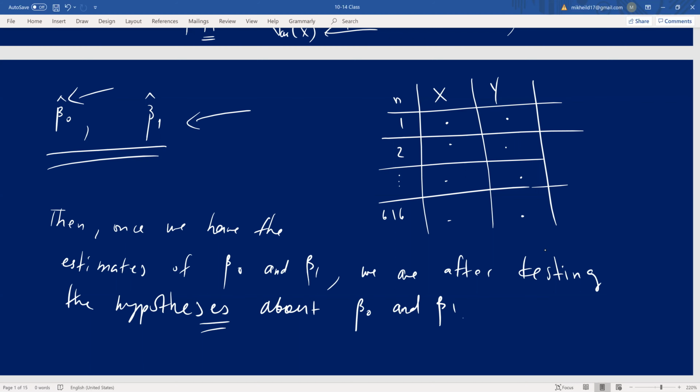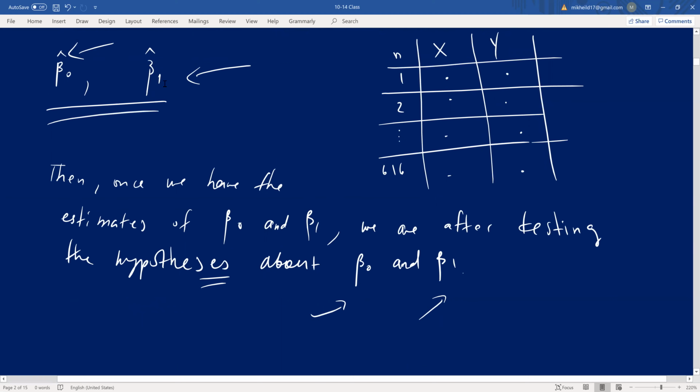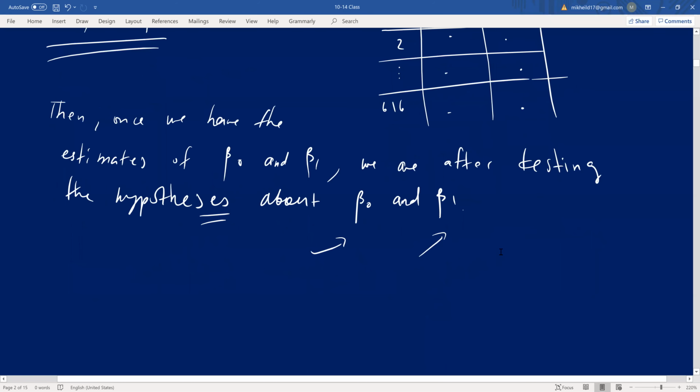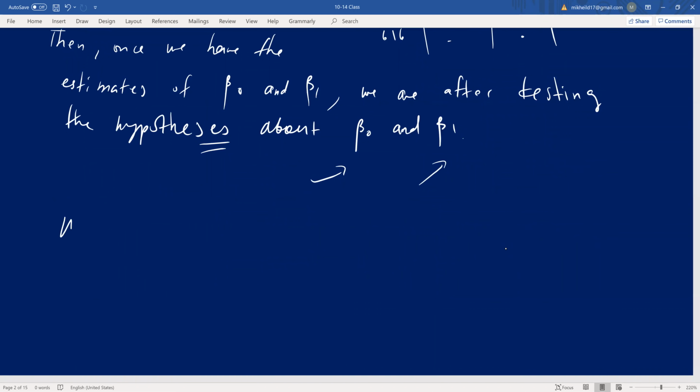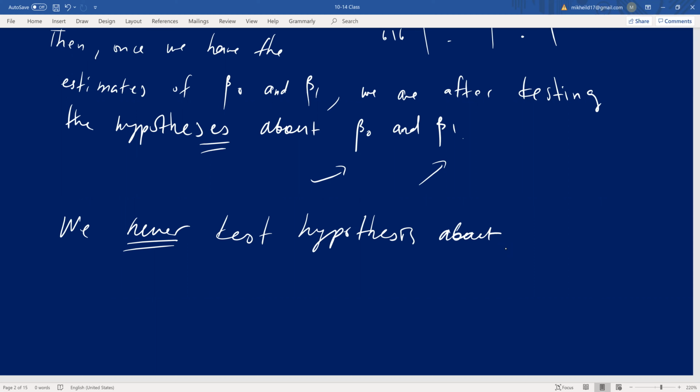Okay, so you have those, right? But the thing is, you don't know the true ones. You still want to know whether whatever you have is close to the true ones. We never test hypotheses about the sample statistics.